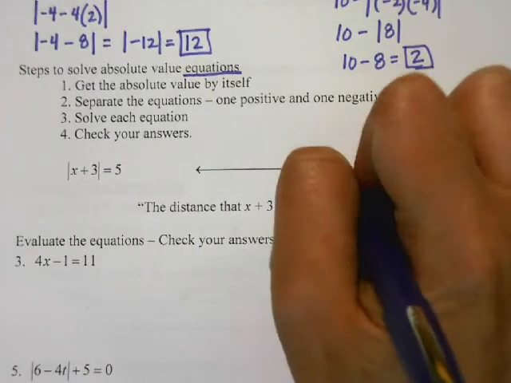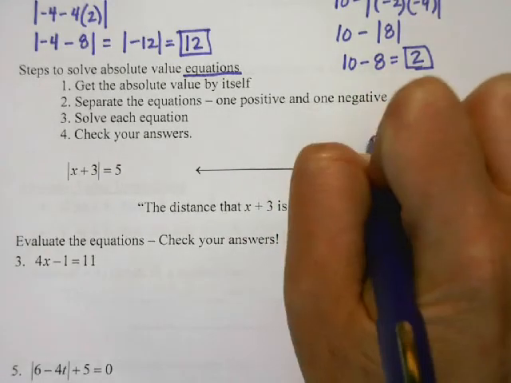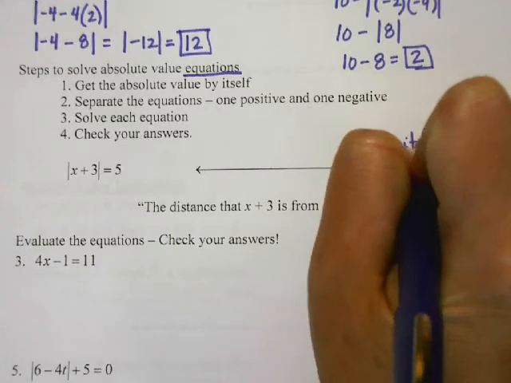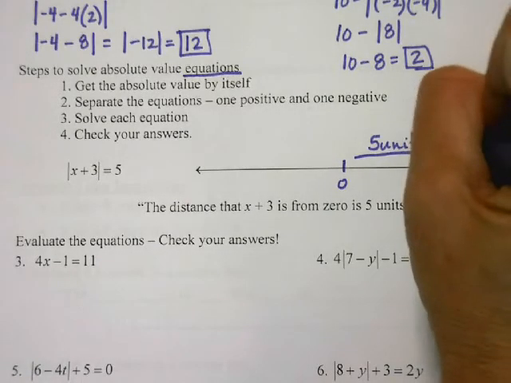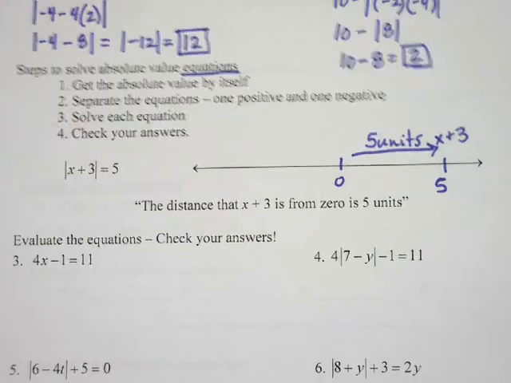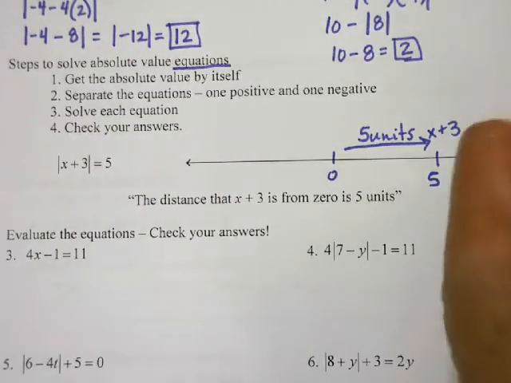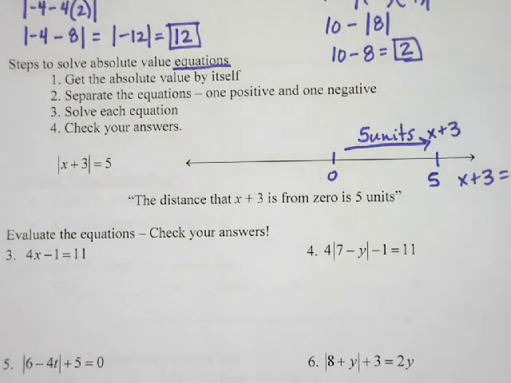Okay, let's think about that for a second. So here I am at 0. I can go 5 units to the right. And when I go 5 units to the right, I get to positive 5, right? But it also said that x plus 3 was 5 units away. That means that x plus 3 is equal to 5. We got to the same spot.